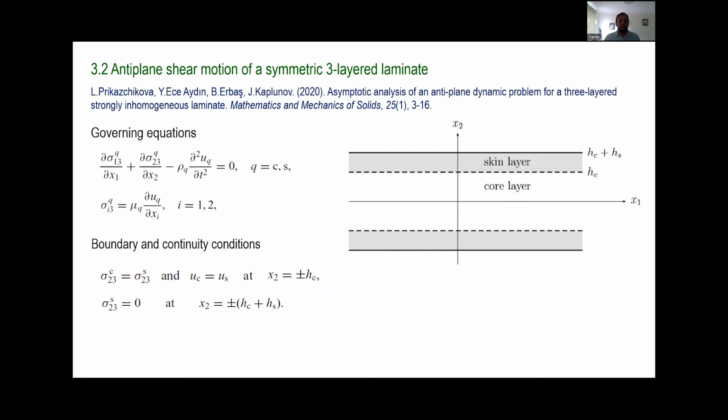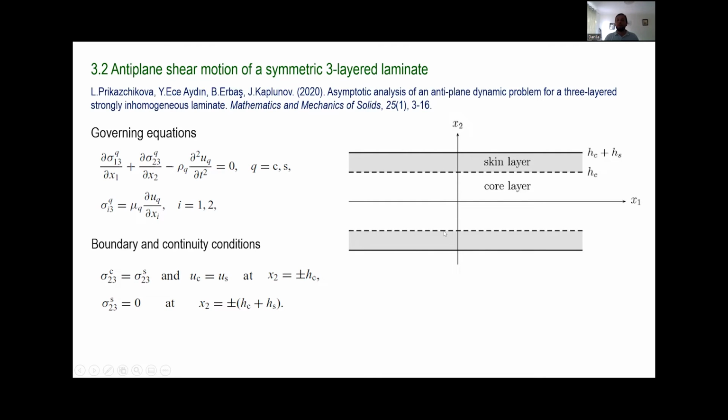Okay, so in this case, we start from the governing equations, which are useful to be written in terms of the stresses. In classic antiplane elasticity, the stress components are expressed through the derivatives of displacements, and this mu is again the shear modulus.